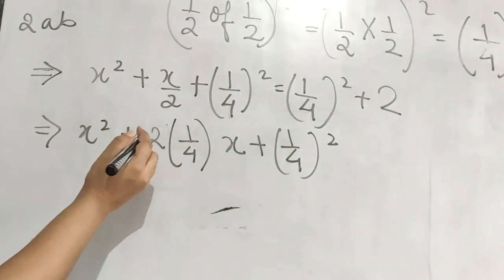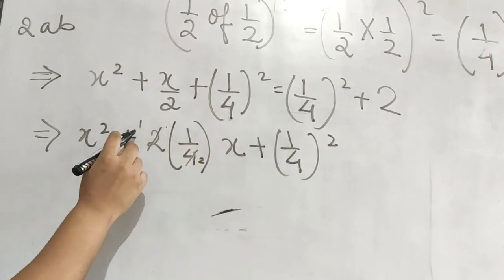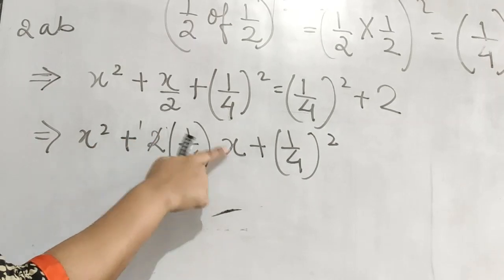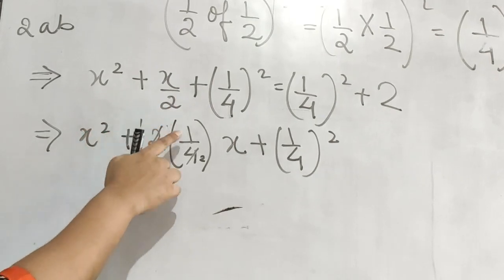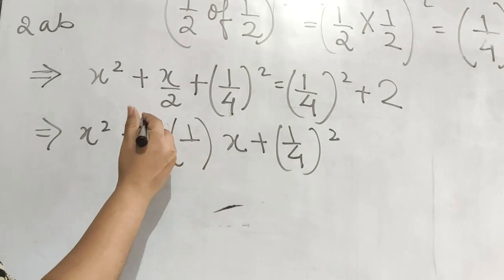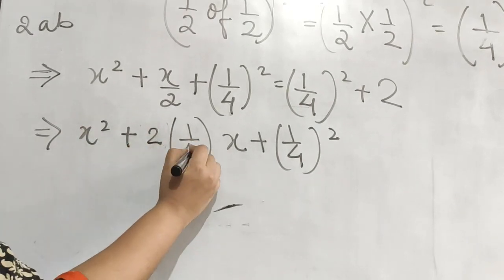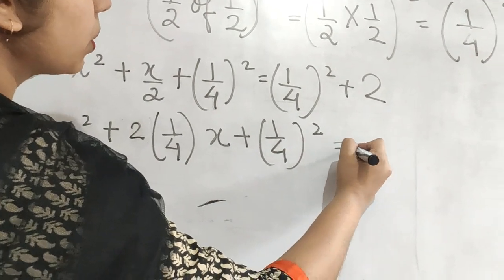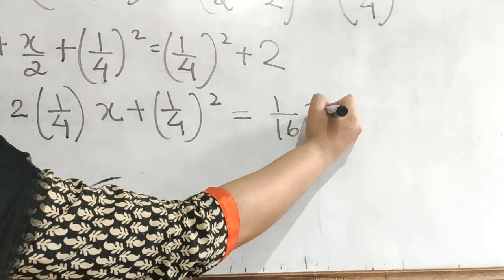So over here children, if I simplify this, 2 ones are 2, 2 fours are 8, I get back again 1 by 2 x. That means x upon 2, the original coefficient of x. So that is the reason we change this middle term, so that we can get it in the form of a plus b whole square. The right side will be 1 upon 4 whole square, that is 1 upon 16, plus 2.